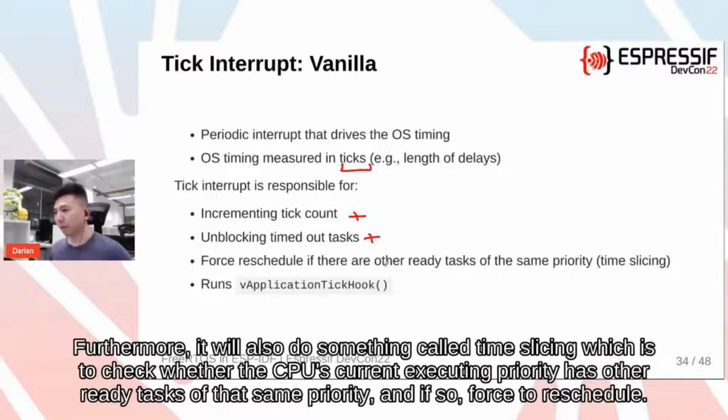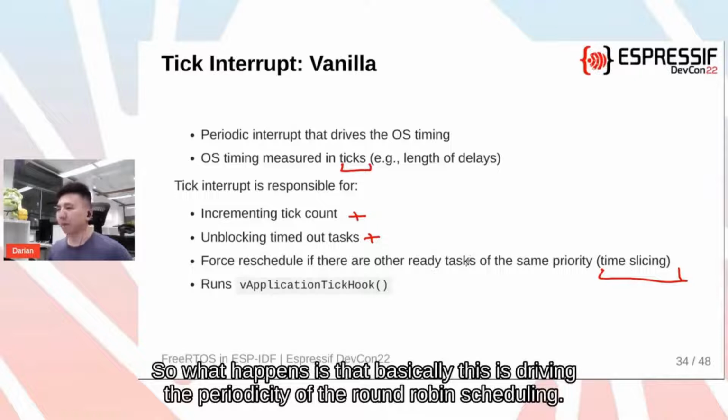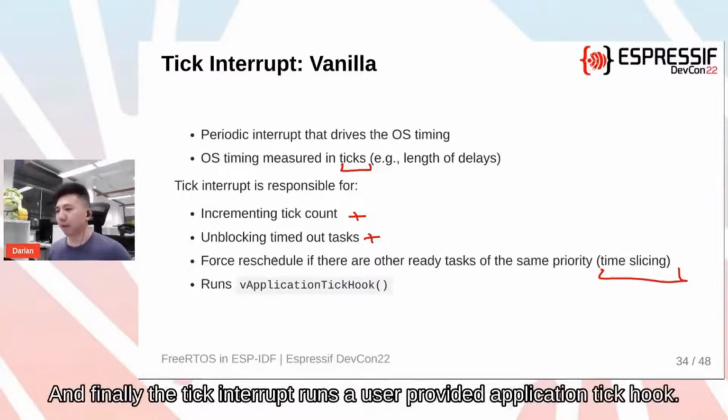Furthermore, it will also do something called time slicing, which is to check whether the CPU's current executing priority has other ready tasks of that same priority, and if so, force a reschedule. This drives the periodicity of the round-robin scheduling. And finally, the tick interrupt runs a user-provided application tick hook.